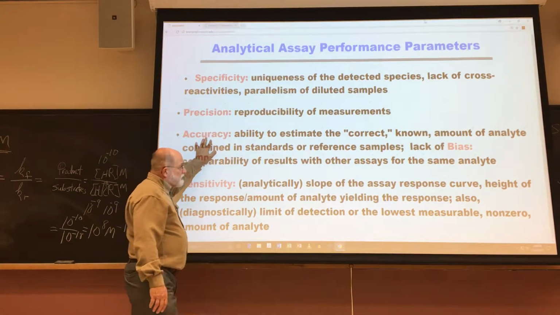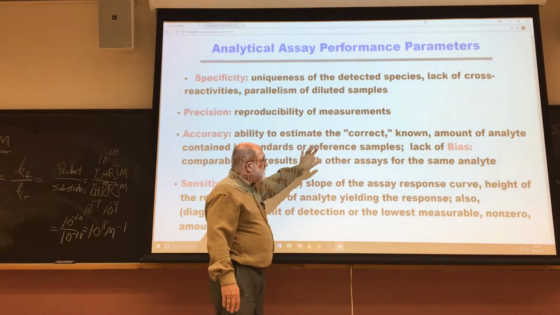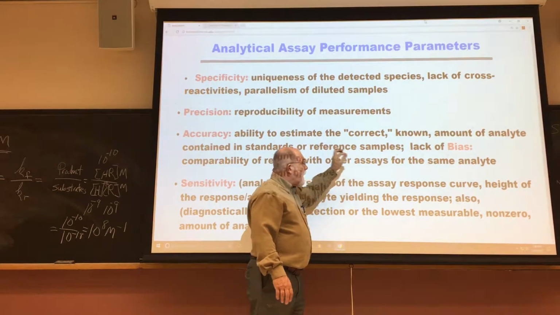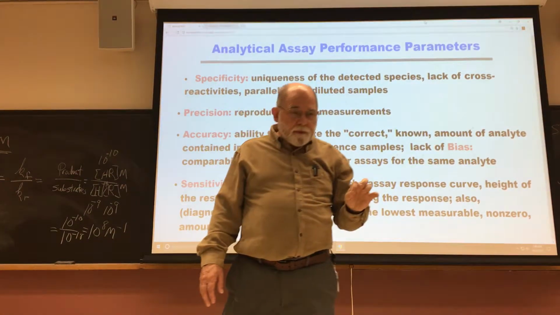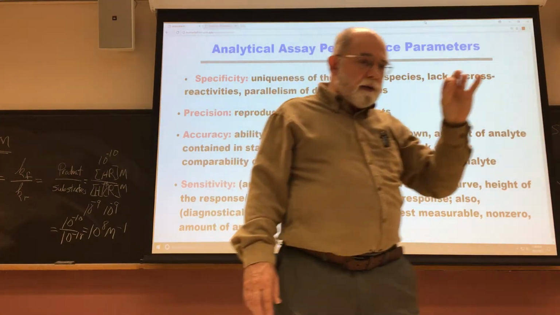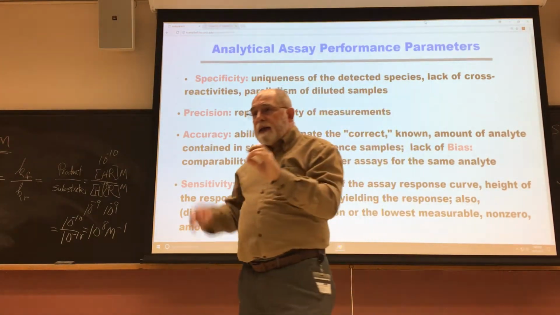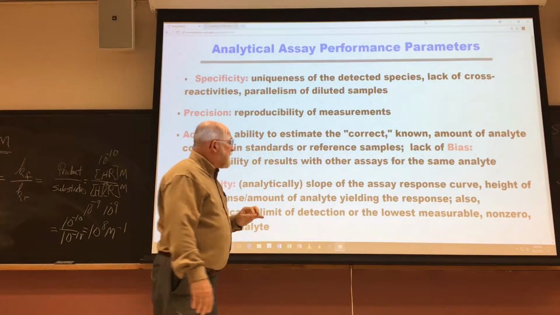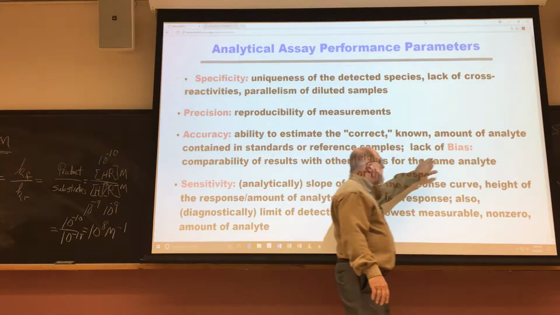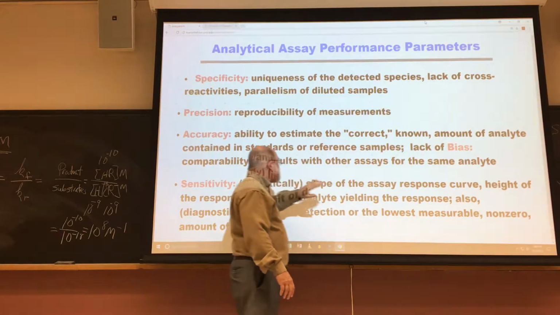You can get assays that are inaccurate because they allow for some sort of cross-reactivity between the binder and the ligand, or between the ligand and something else in the sample. And under those circumstances, you will often introduce a bias in the assay.